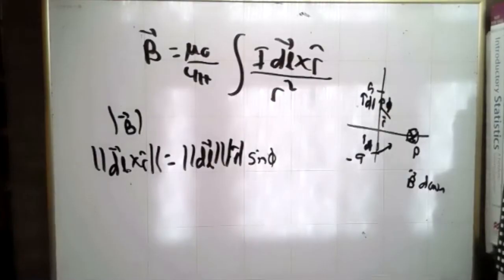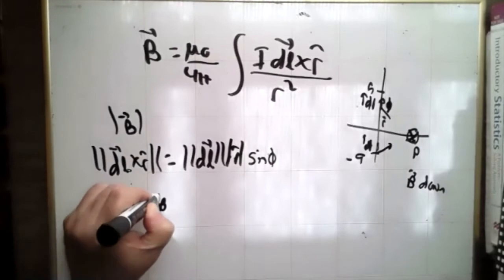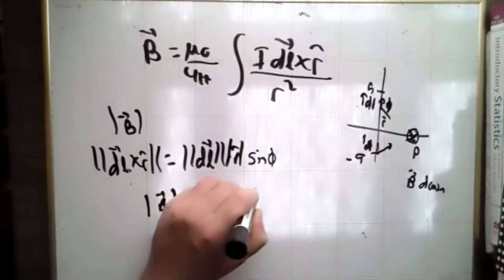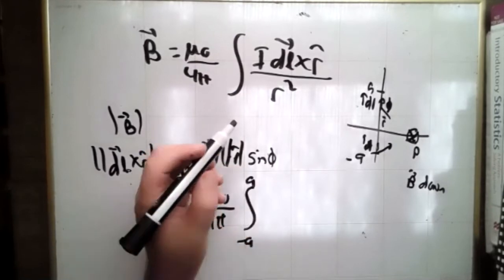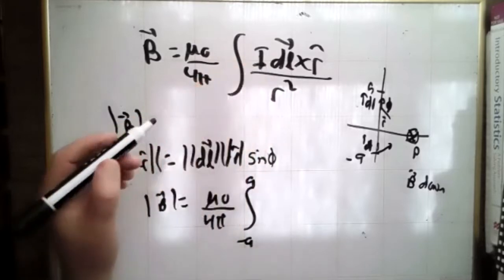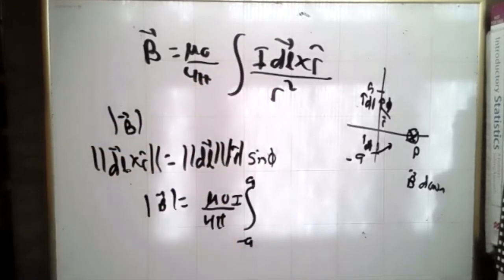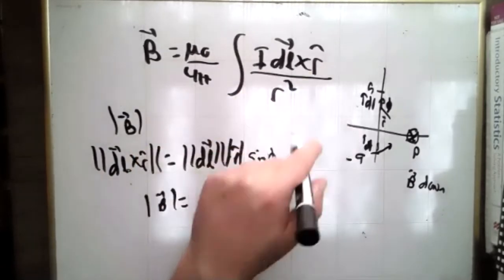So my double integral, or my single integral here, magnitude of B, will be mu naught over 4 pi, integral from negative a to a. I comes out because I was a constant. That was 1, that was 1.